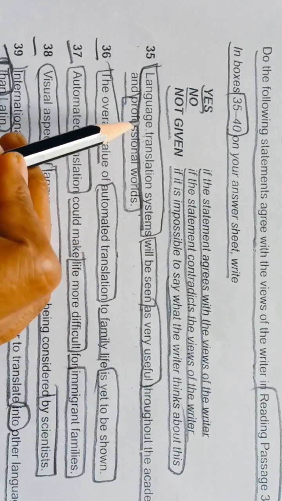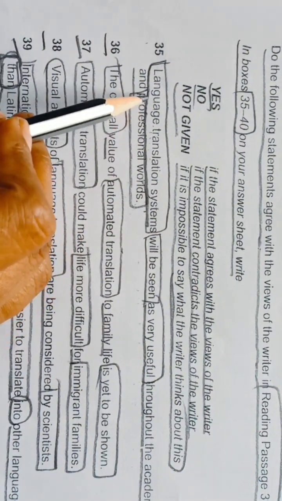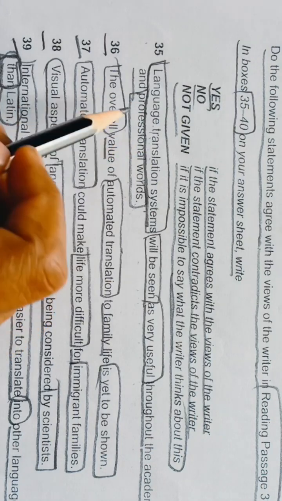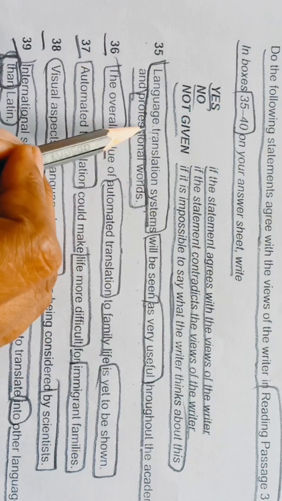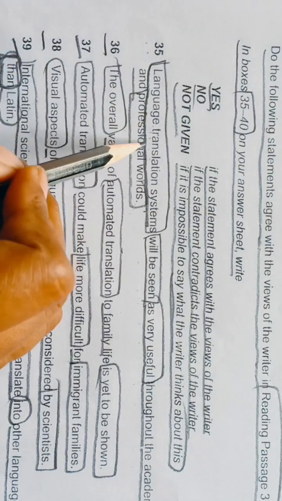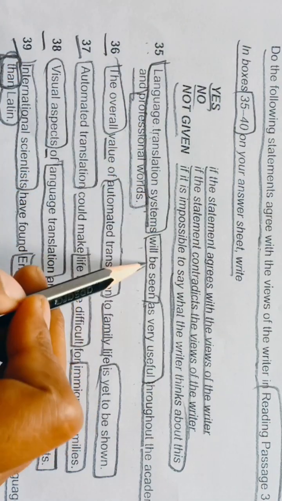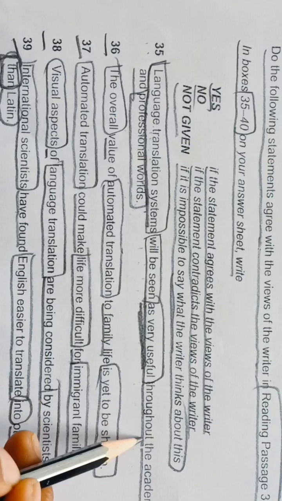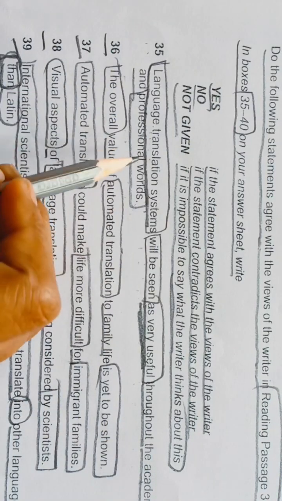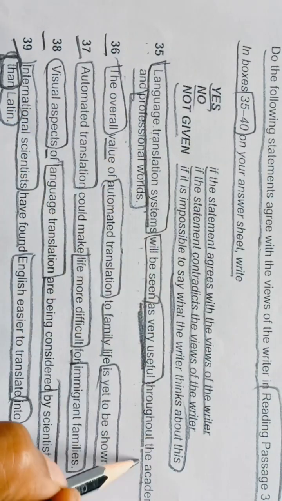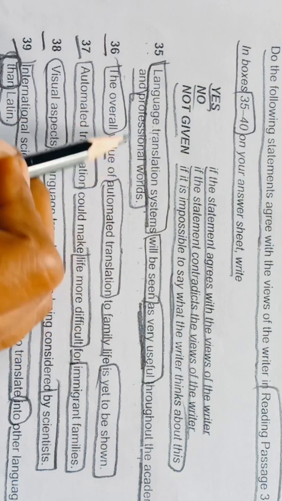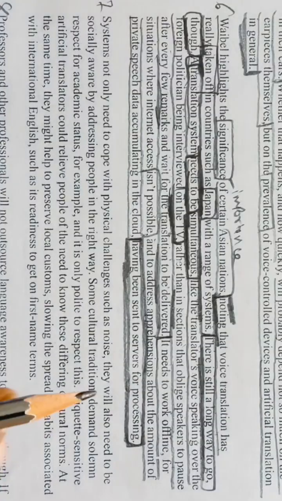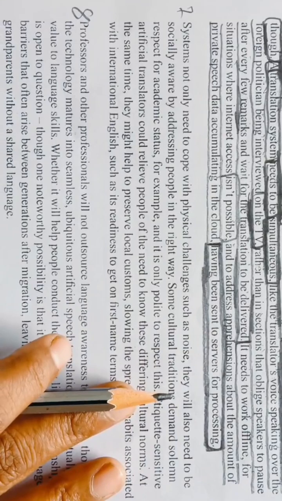In this type of question, yes, no, not given, let's see whether we are getting our answer or not. Number 35: language translation systems will be seen as very useful throughout the academic and professional worlds. We have not seen anything regarding academics and professional worlds. So we will move forward towards our 7th paragraph.